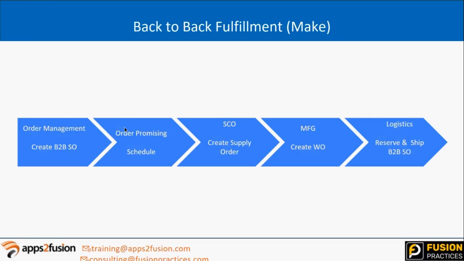This real-time view is what the order promising engine looks into to promise all the orders. This is done because in EBS, when you run collections, all your processing is at a halt.